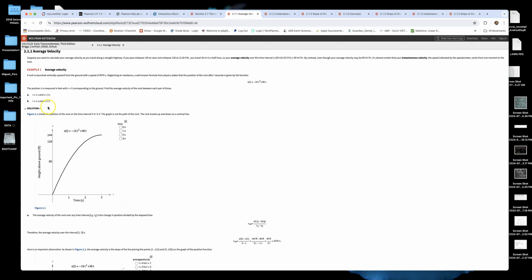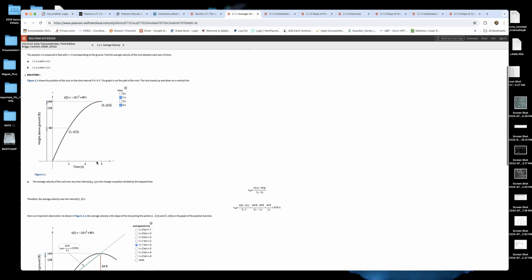So they say here, compute the average velocity, part A, at t equals 1 second and t equals 3 seconds. You come here and click over here and click over here, and that is going to give you a number.